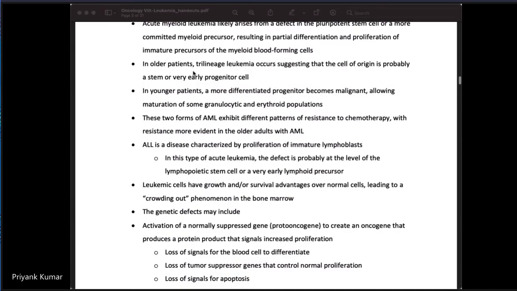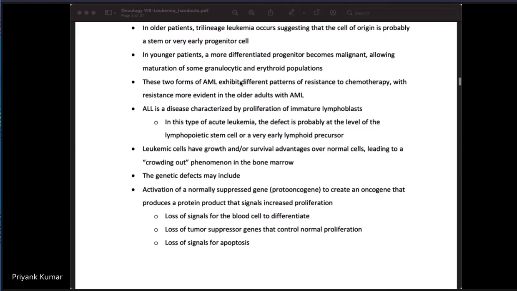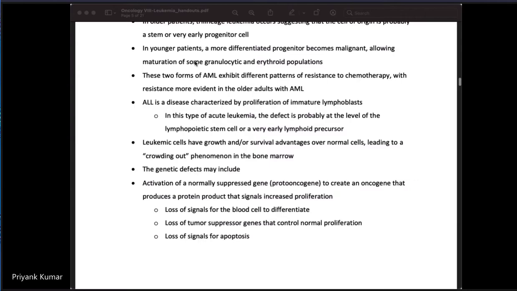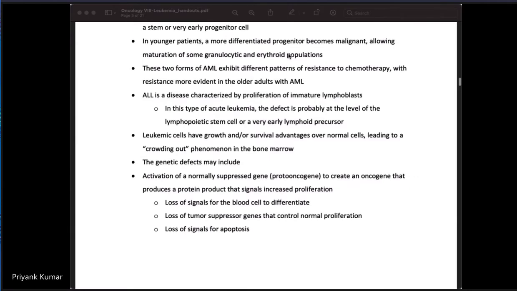In older patients, trilineage leukemia occurs, meaning in all three blood cells: RBCs, WBCs, and platelets. In younger patients, a more differentiated progenitor becomes malignant, allowing maturation of some granulocytic and erythroid population. So these two points are important here.